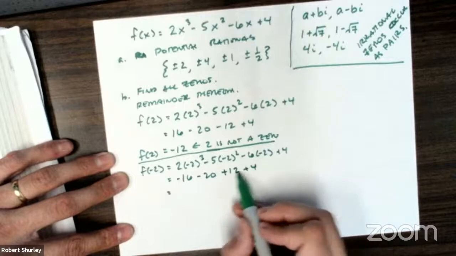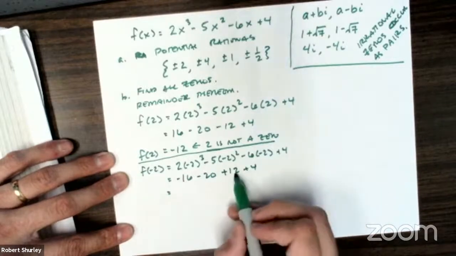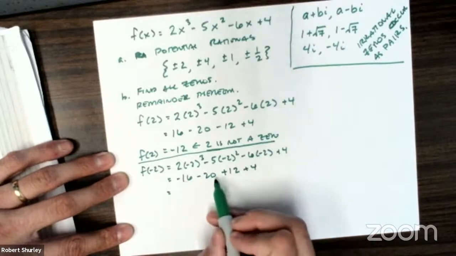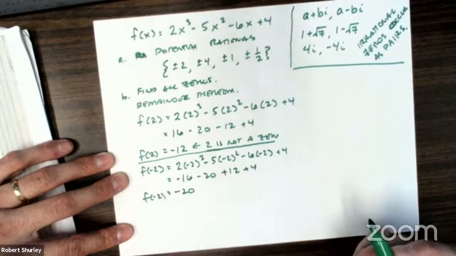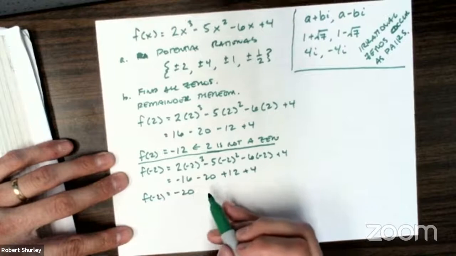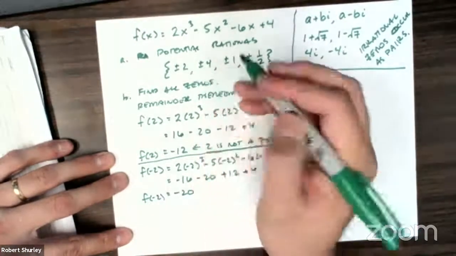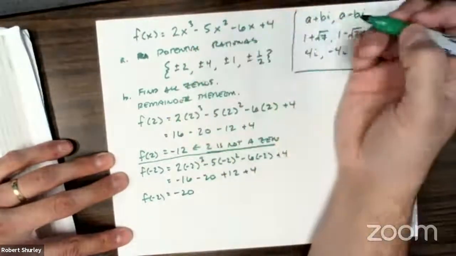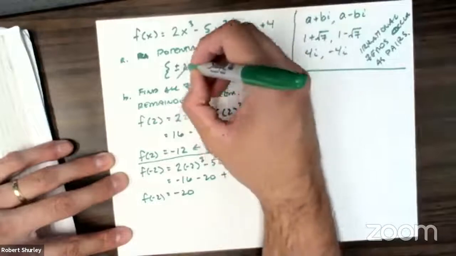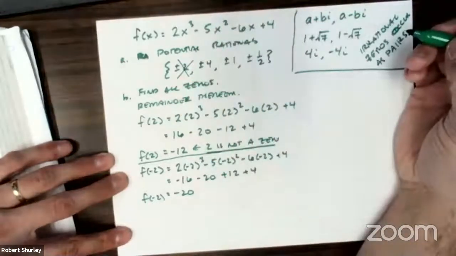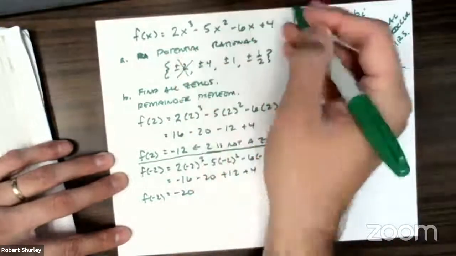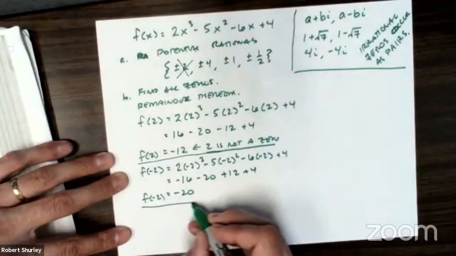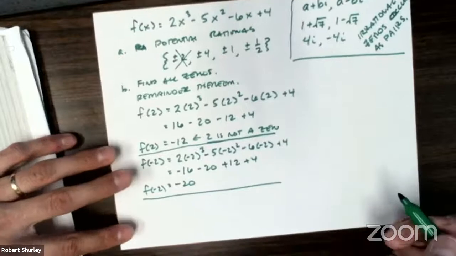This 16 and this 16 cancel, so you wind up with negative 20. Again, what matters is this isn't 0. So 2 and negative 2 aren't zeros of this function.